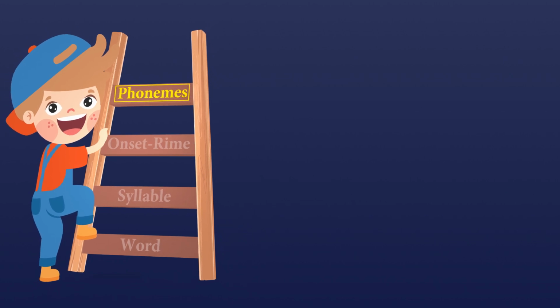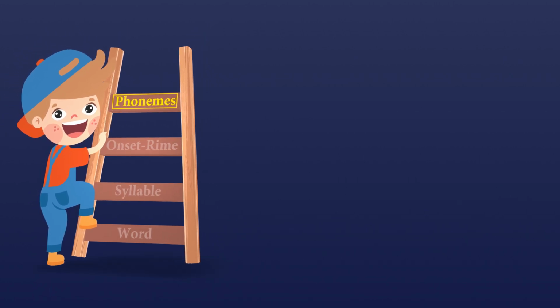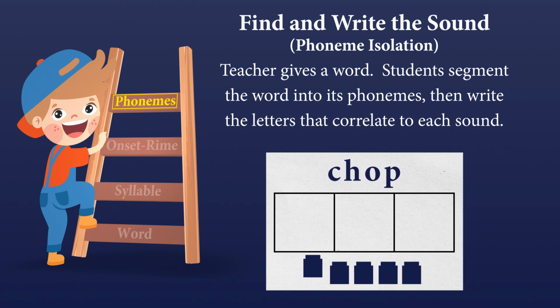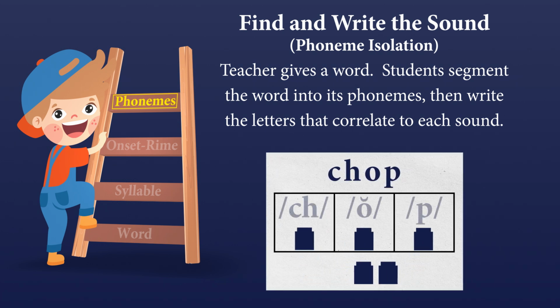At the phoneme level, this becomes really exciting. Anytime students use sound boxes with a manipulative, an easy way to incorporate print is for students to remove the manipulative and write the letter. For example, to incorporate print in the activity Find the Sound, the teacher would first give a word. Students would segment it, placing manipulatives in each box to represent the sounds in the word.